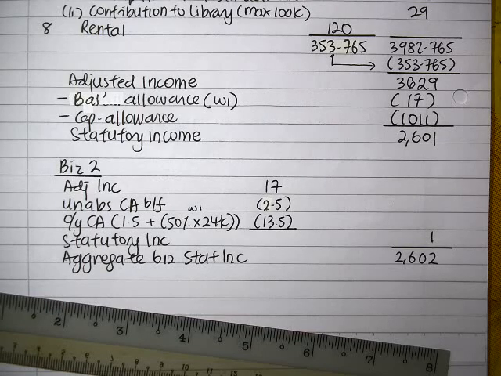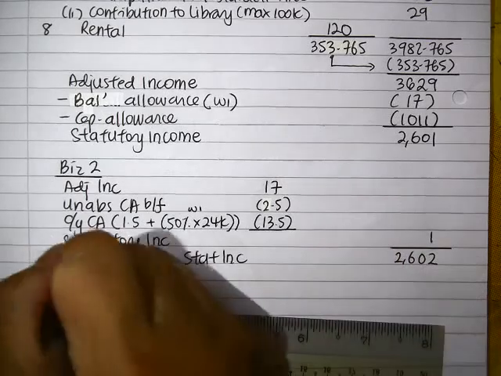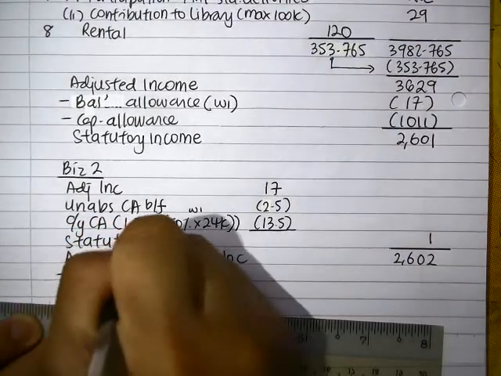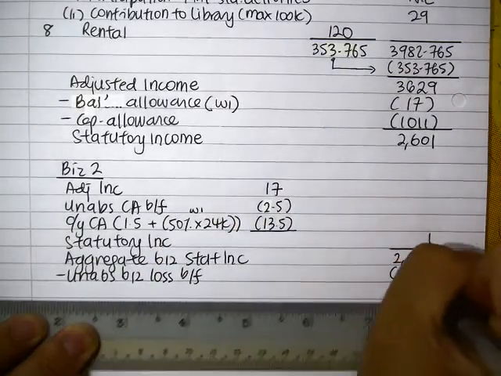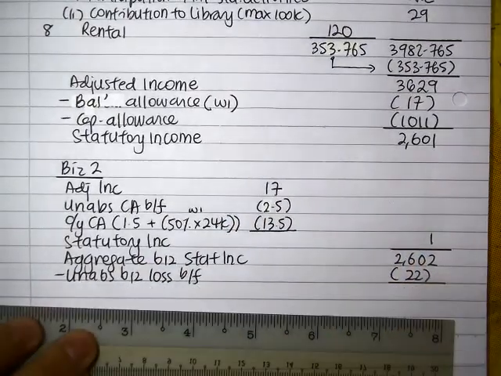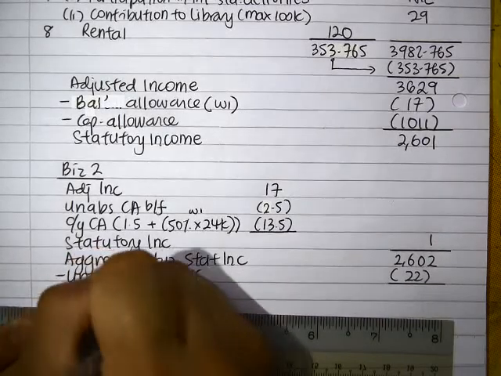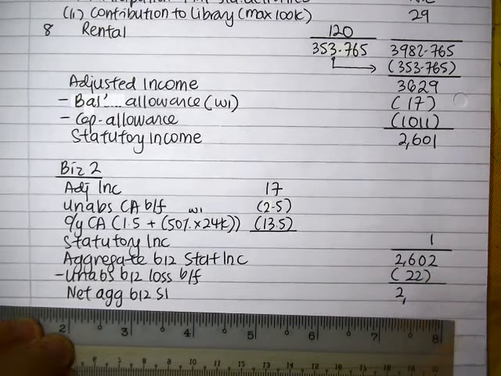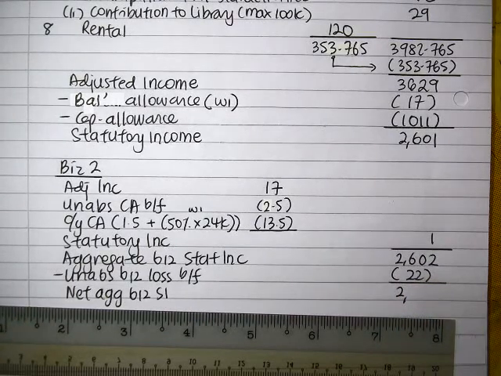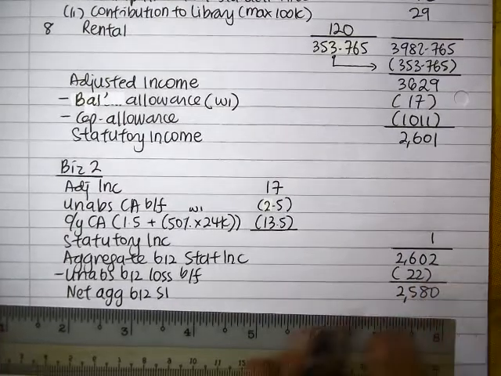Now any unabsorbed business loss? If you see note 9, they mention the unabsorbed business loss is 22,000. So that's where you minus, right? Unabsorbed business loss brought forward 22,000. So this is the net aggregate business SI, 2580.